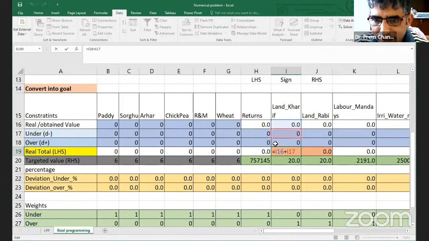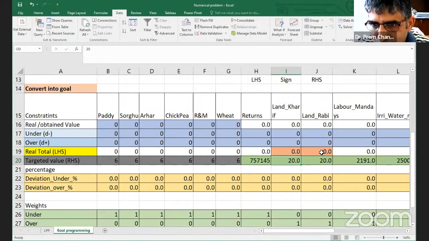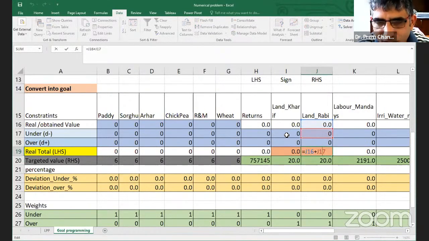In case of land, since I cannot have additional land, I can accept only the negative deviations, means unused land only. So I have not allowed the over deviations.